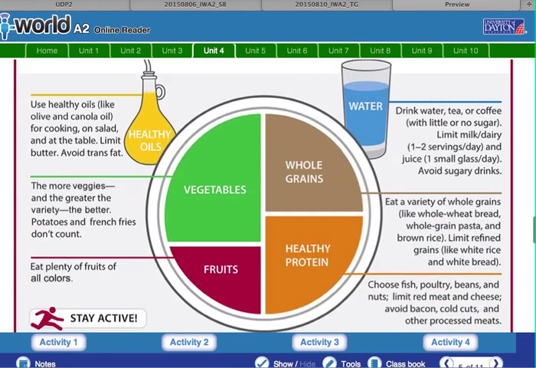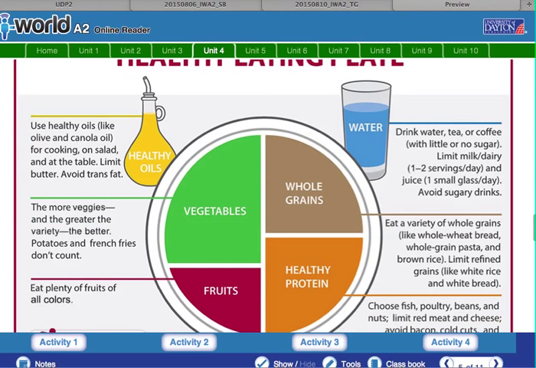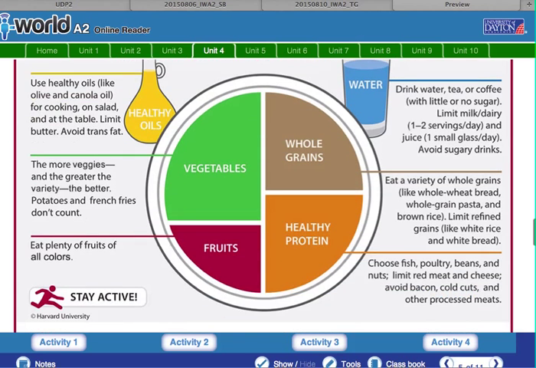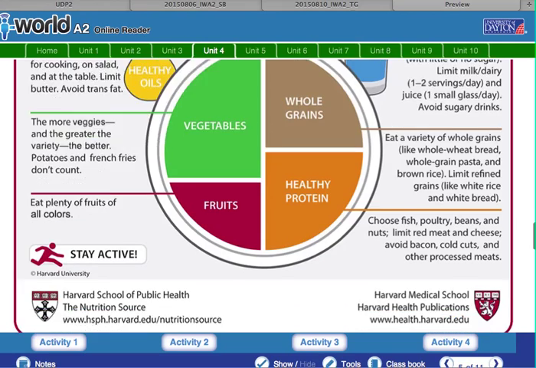And also there's another diagram here which shows you what a healthy eating plate is. And here we have why it's important to eat vegetables, grains, and fruits, and also different types of protein, fish, and meat and cheese.